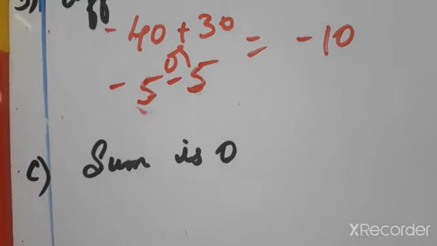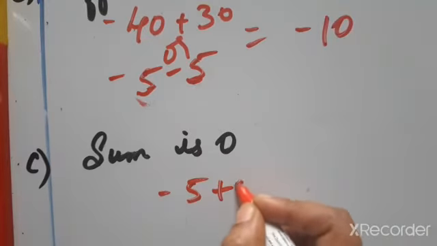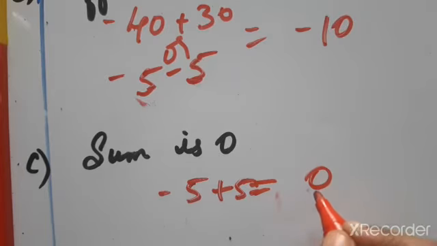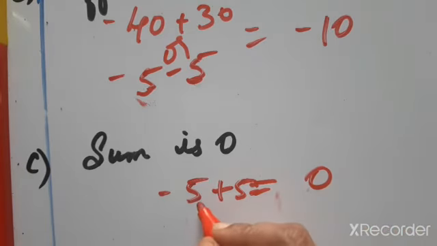Write down a pair of integers whose sum is 0. Here also we get different answers, minus 5 plus 5 is 0. The answer is given as 0, so the right side is given, and now you have to write the left side. We get different answers: minus 5 plus 5, or minus 6 plus 6, or minus 30 plus 30.